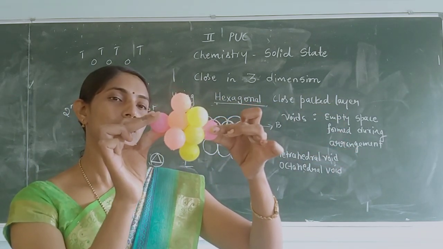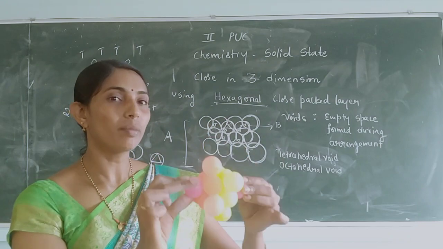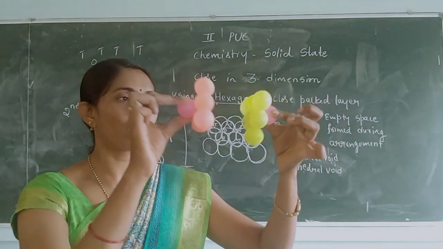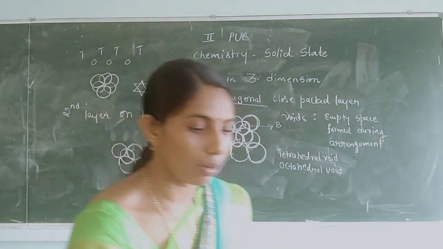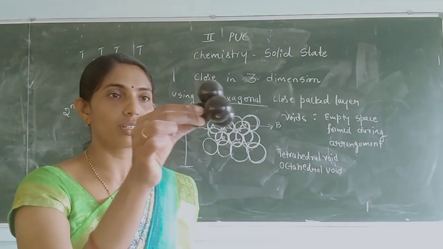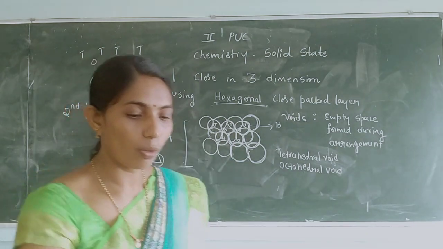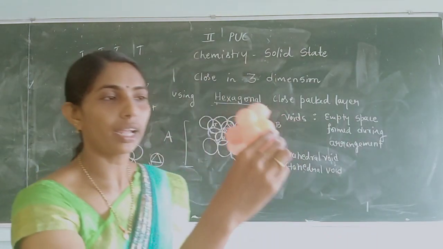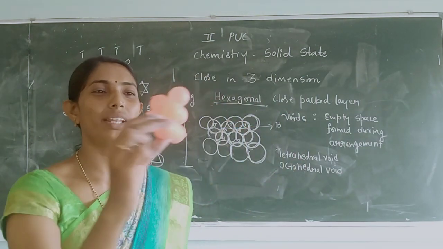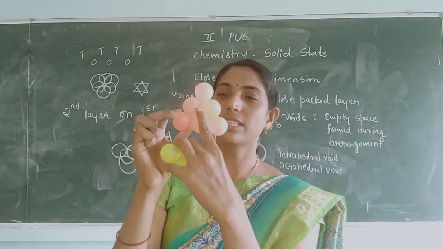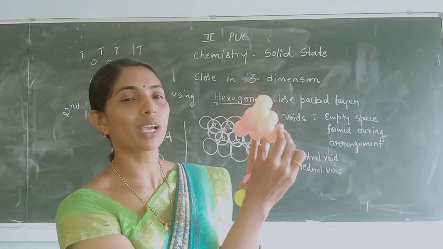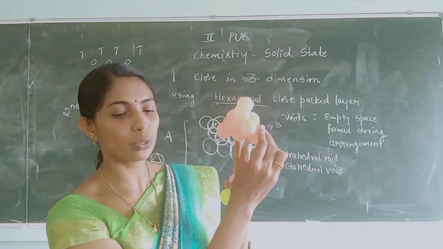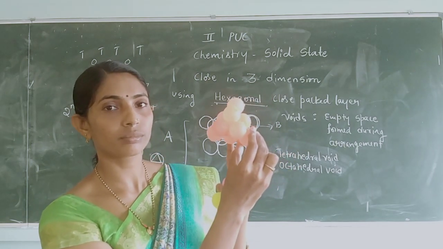Okay, right. So remember, two tetrahedral voids is equal to what? One octahedral void. Clear? What is a tetrahedral void? This is a tetrahedral void. What is an octahedral void? This is the octahedral void. When the first layer has the apex upward or downward and the second layer has the apex upward or downward, that gives you the octahedral void.